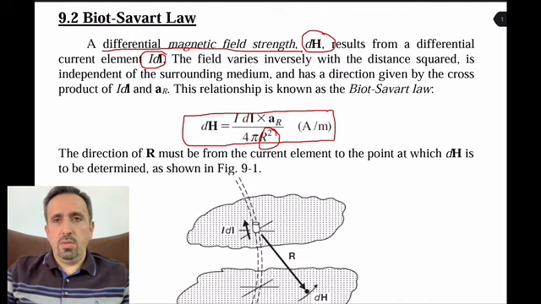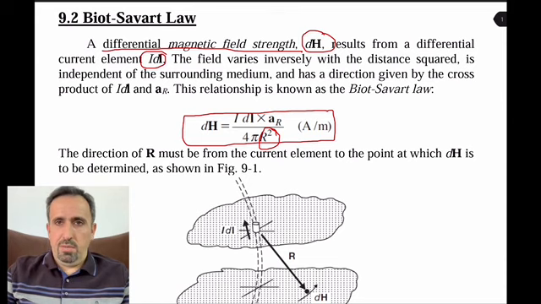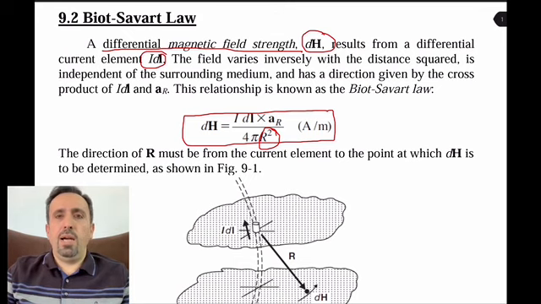And also something very important, that it is not dependent on the surrounding media. Unlike previously in chapter 2, for example, where there was dependency on the surrounding media by having epsilon r in the denominator of the formula by which we calculate the electric field. Unlike here, you don't have the dependency on the surrounding media.